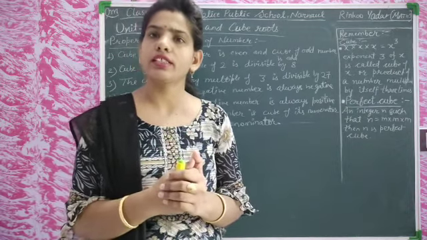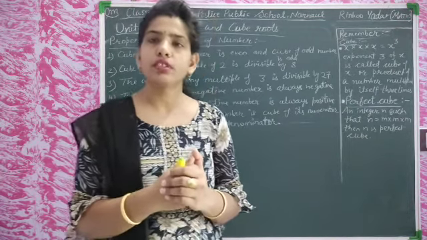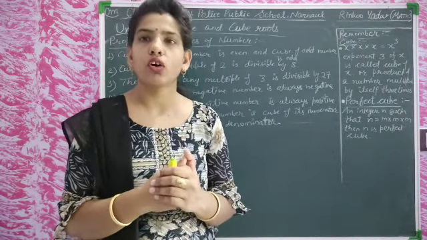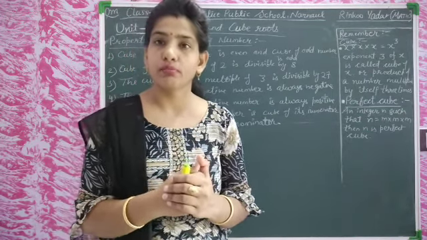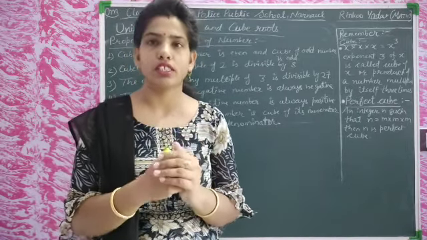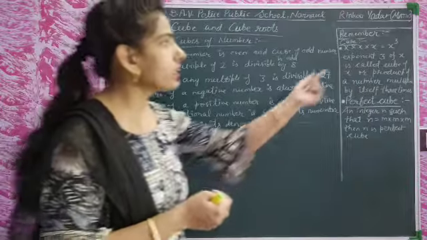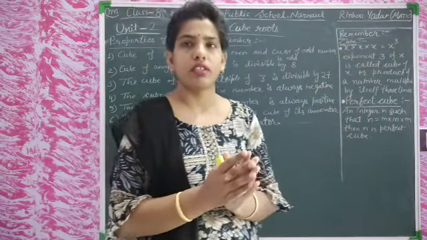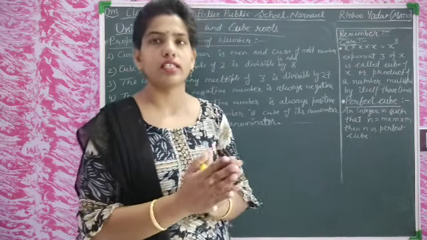And we do the same in cubes. In cubes, the power is 3 of any number. It means you are multiplying that number 3 times by itself. That is, there is a number x, any number, rational, irrational, any number.